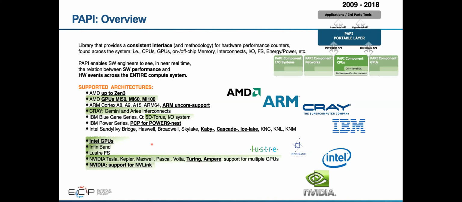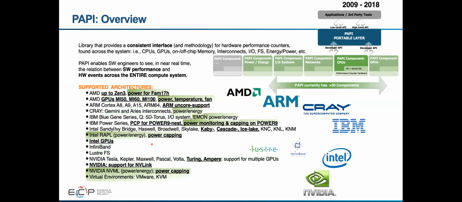This modular design also allowed for non-compute devices to be integrated within PAPI, things like network cards, file systems, power management, and even virtualization frameworks such as VMware and KVM that are very popular in clouds and data centers.